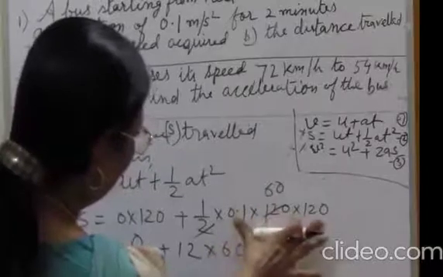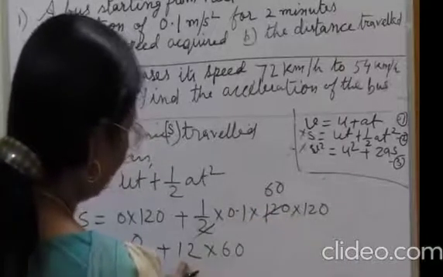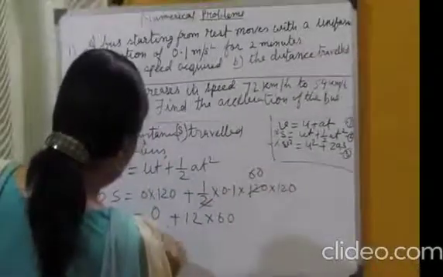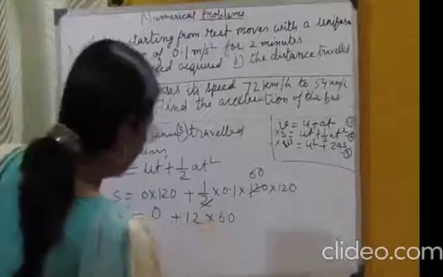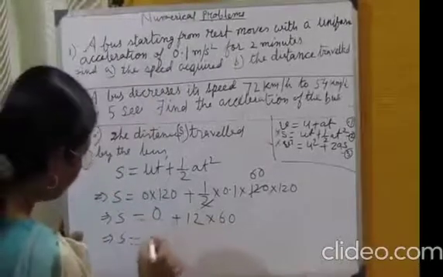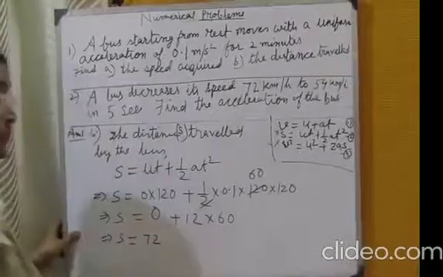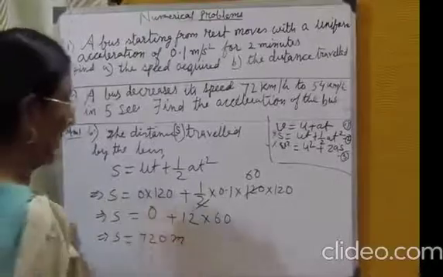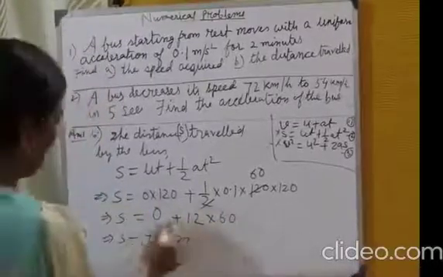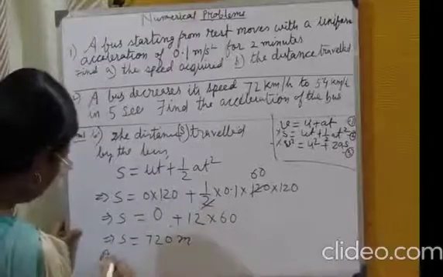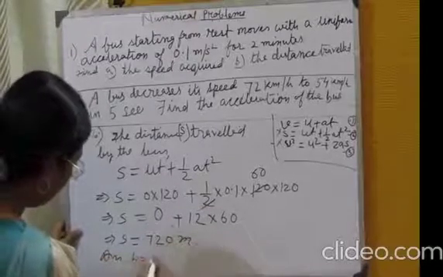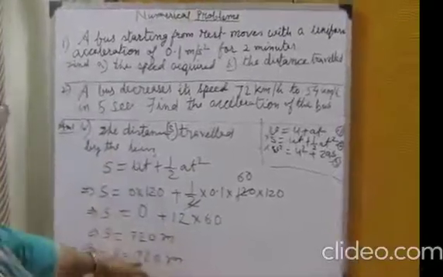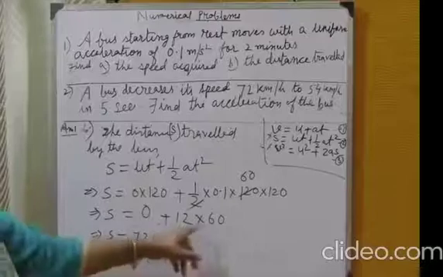If I multiply this one and this one, it comes 12, and into 60. So s equals 12 sixes are 72, and 0. This is meter. So the answer: s equals 720 meter. The bus will travel a distance of 720 meter.